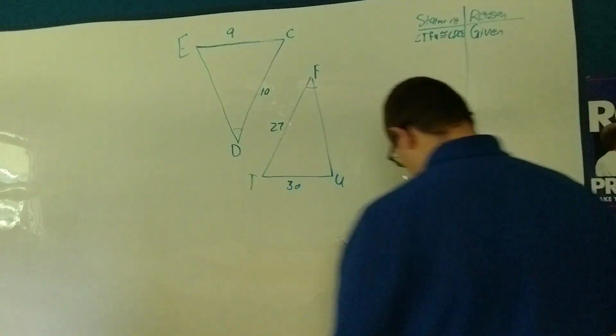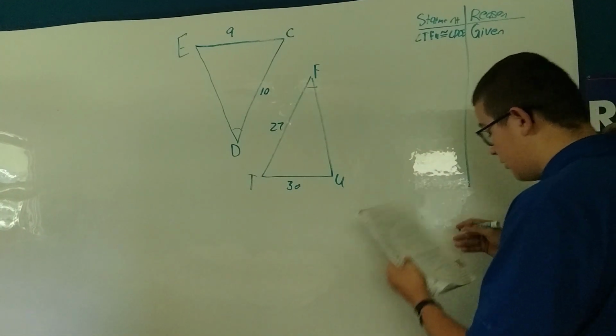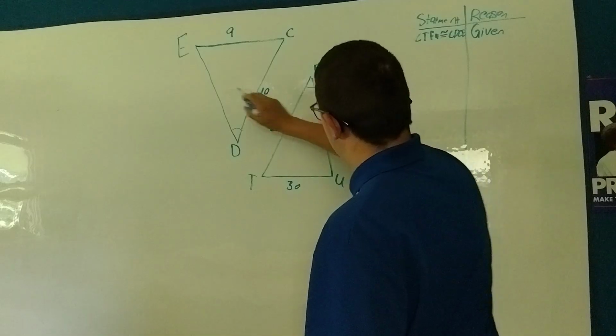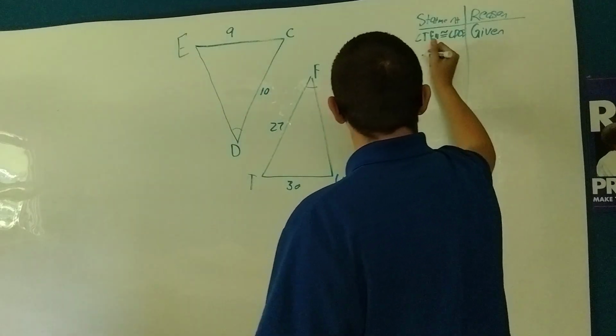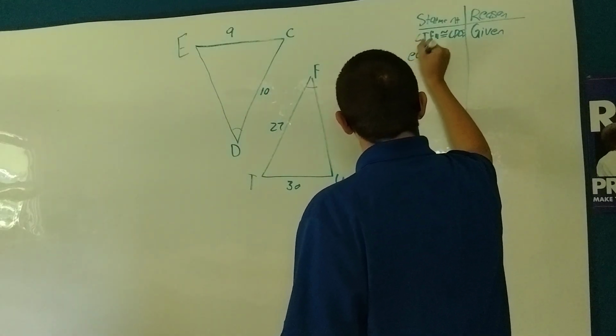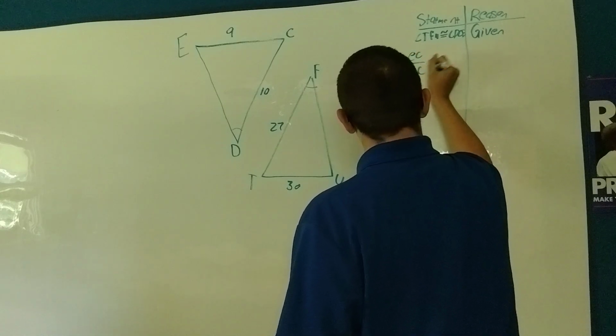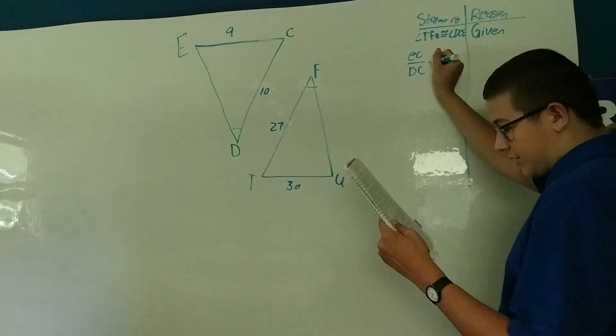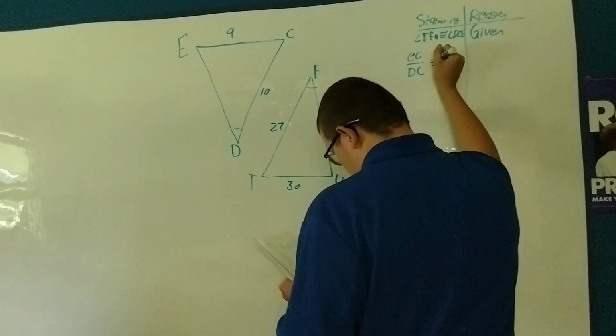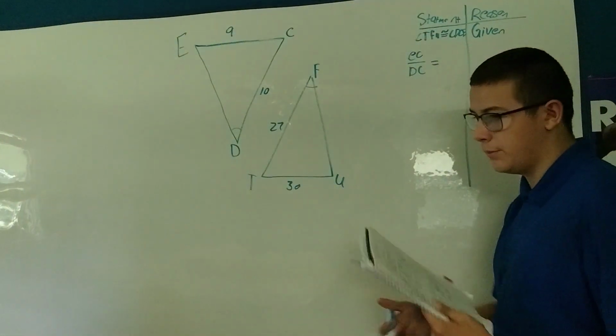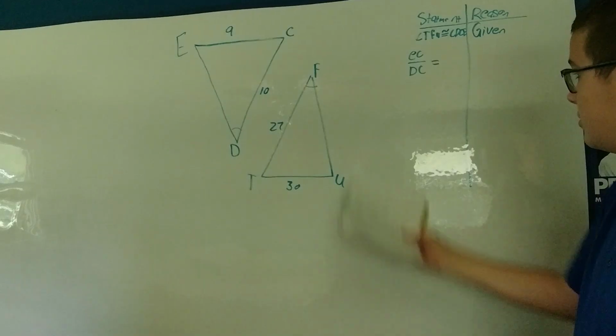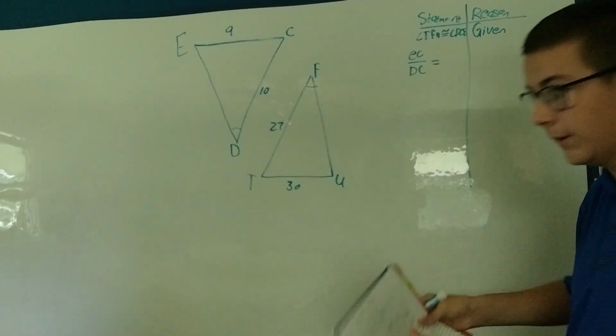So what we can say here is that EC over DC, right? So this over this, EC over DC is equal to, not congruent to, because we're using their lengths, or the number associated with them rather than the lines themselves.